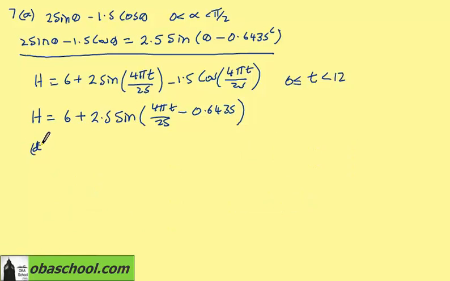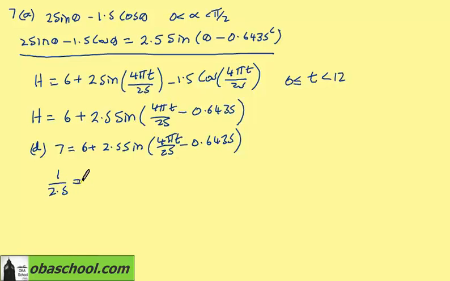Now in part D, we're asked to calculate to the nearest minute the times when the height of the water is predicted to be 7 meters. So 7 equals 6 plus 2.5 sine 4 pi t over 25, take away 0.6435, bring the 6 over and divide by the 2.5.